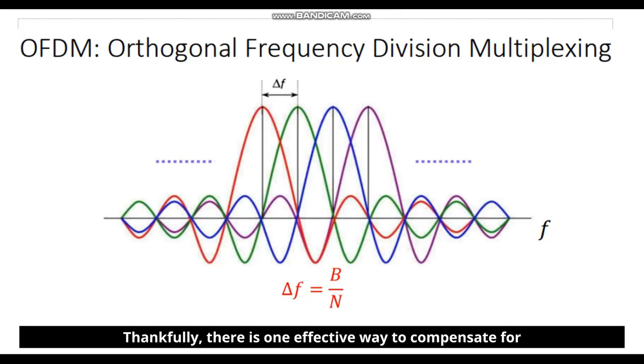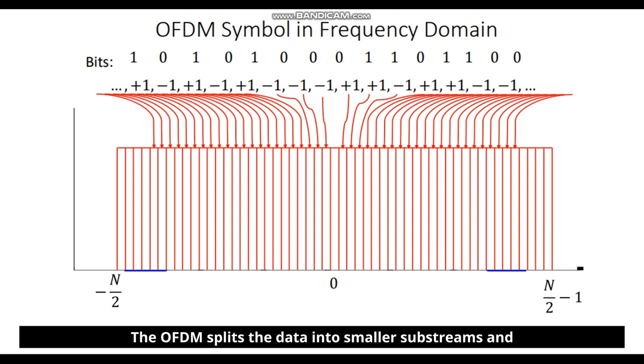Thankfully, there is one effective way to compensate for the errors we see in wireless communication. It's by using OFDM, also known as orthogonal frequency division multiplexing. Let me very briefly explain how it works. OFDM splits the data into smaller substreams and transmits them over multiple orthogonal subcarriers simultaneously.